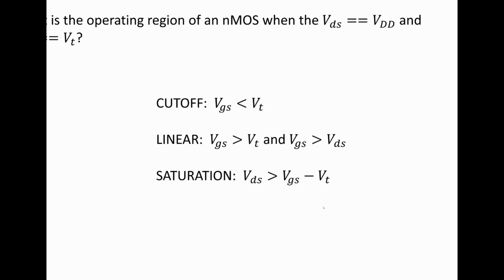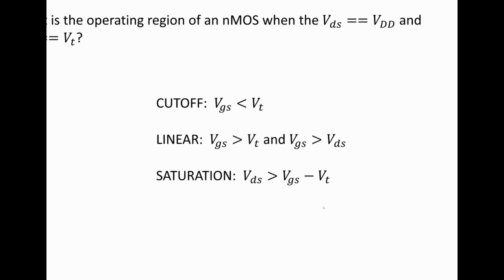So basically, in linear mode the gate source exceeds your drain source difference. And this is why, by the way, when you're pulling up or pulling down, you're expecting the pull up and pull down to be in linear mode.